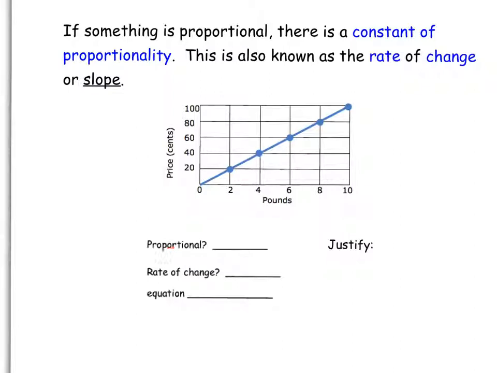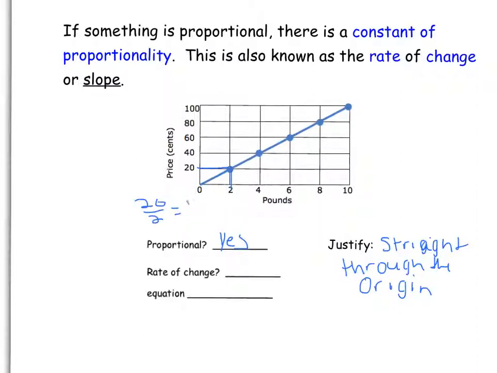So here, is this proportional? Yes, it's proportional. How do we know? Straight line through the origin. Or you could talk about that 0-0 relationship. Or you could talk about how the rate of change is always the same. 20 over 2 is the same thing as 40 over 4 is the same thing as 60 over 6.